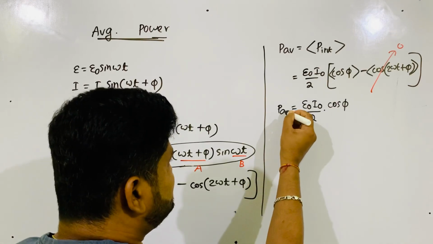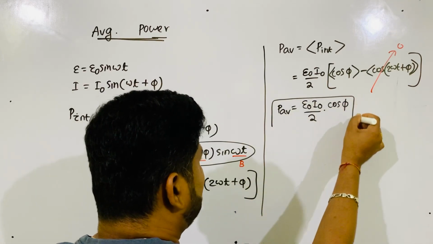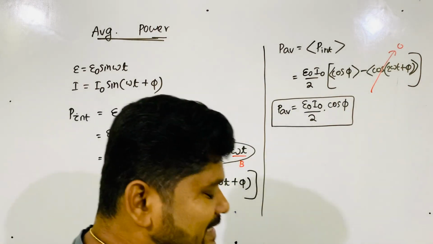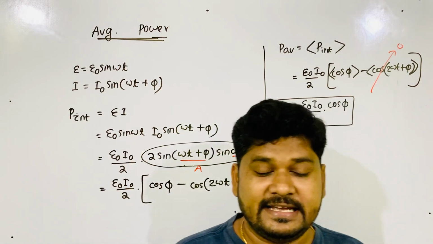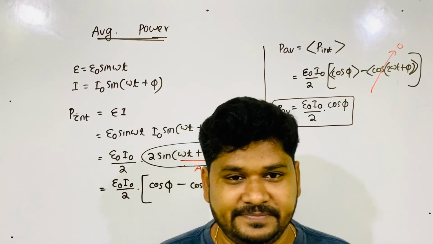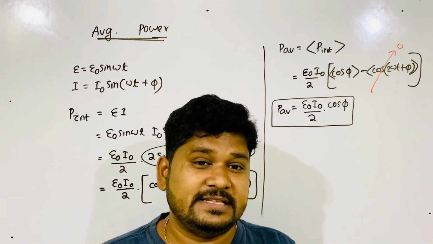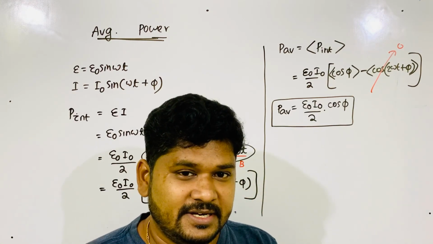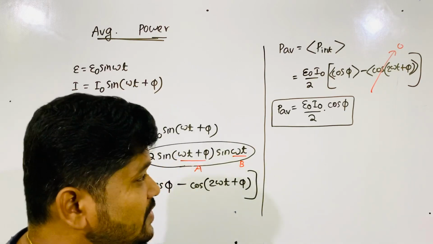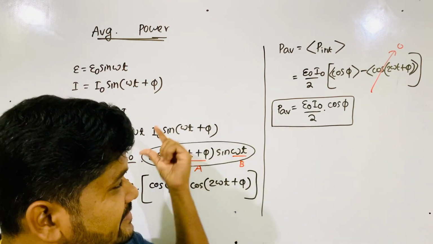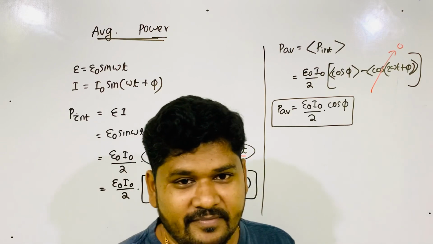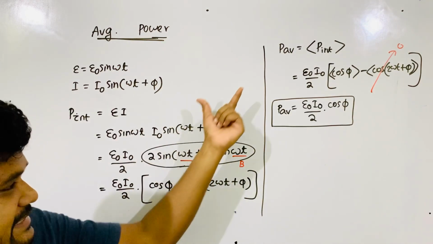So this is the average power formula in an AC circuit, in an LCR circuit. But this derivation that I did is a simple method.